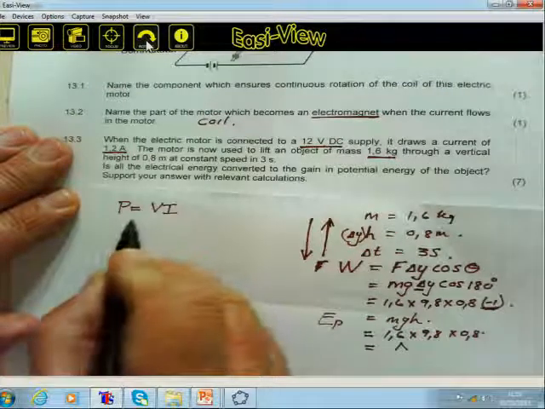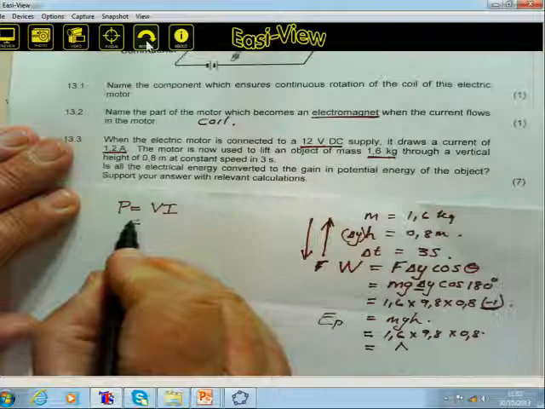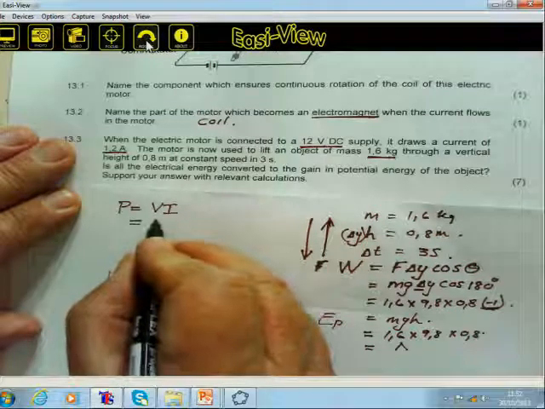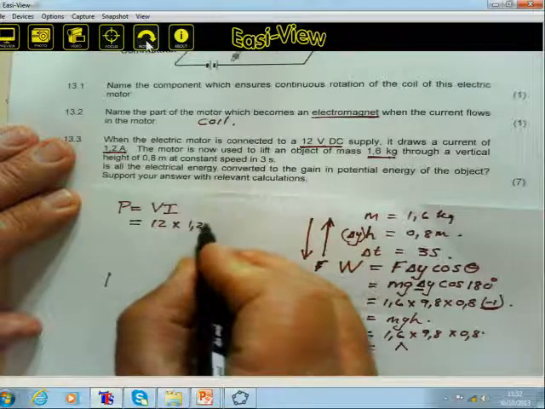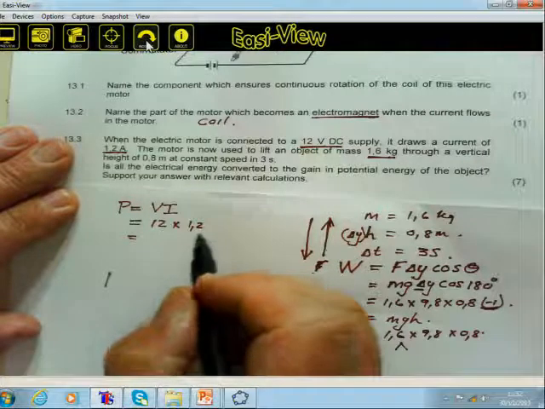Right. The power dissipated, or the power used by the motor, is 12 volt times 1,2 amperes. Right, and that will roughly give you a value.